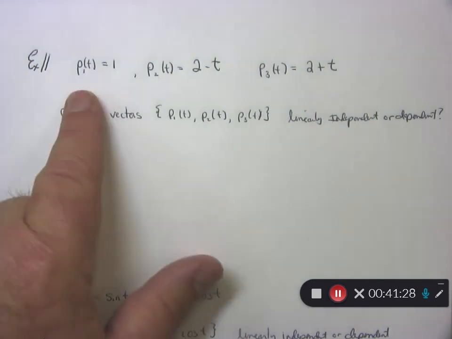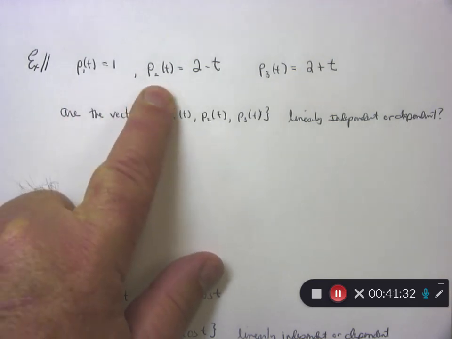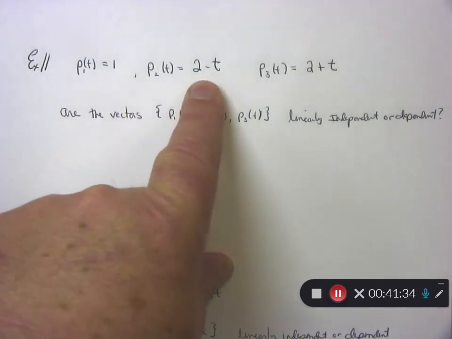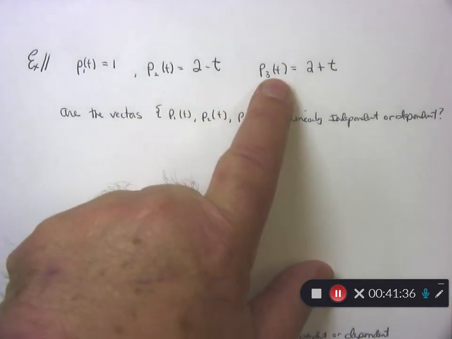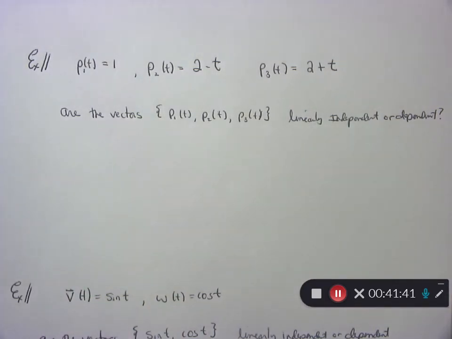I'm gonna let p1 of t equal 1. p2 of t is equal to 2 minus t. p3 of t is equal to 2 plus t. So I have p1 of t equal to 1, p2 of t equal to 2 minus t, and p3 of t equal to 2 plus t.